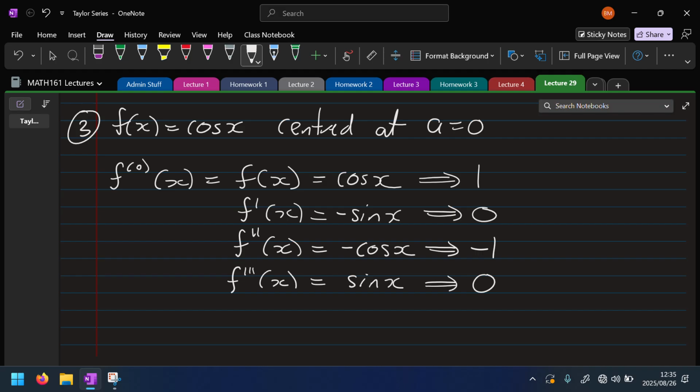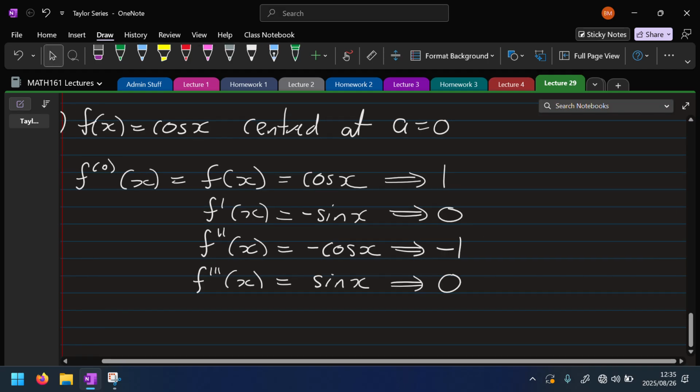So we have a similar pattern as before. Now all of the odd ones are 0. So 1 is 0, 3 is 0, and so on. And all of the even ones alternate, plus 1, minus 1, plus 1, minus 1. Let's make a note.